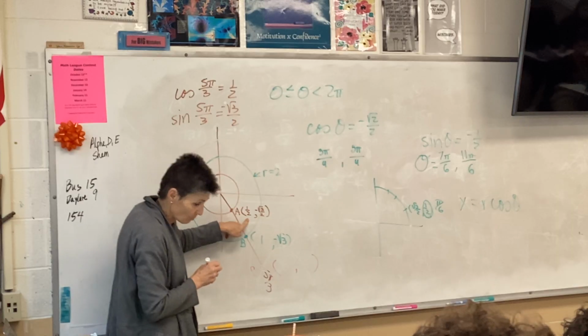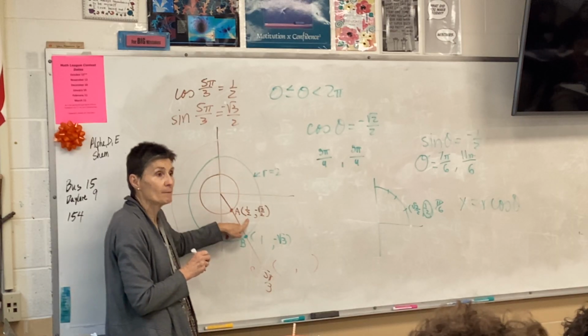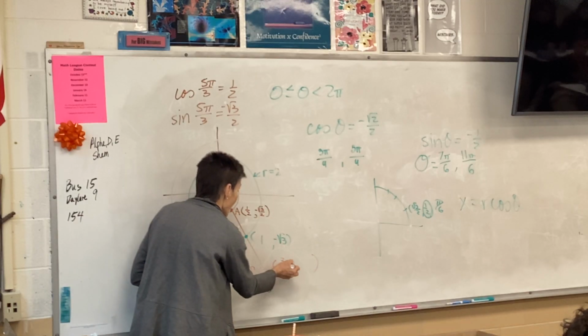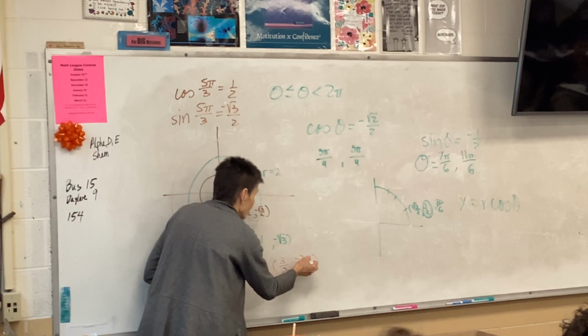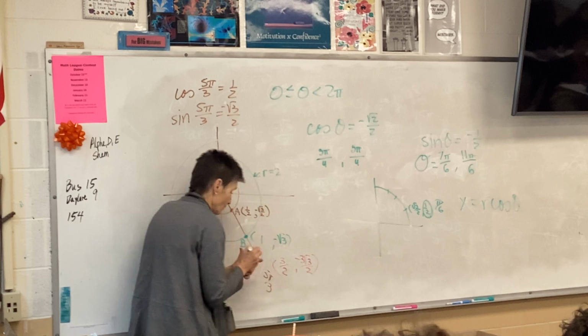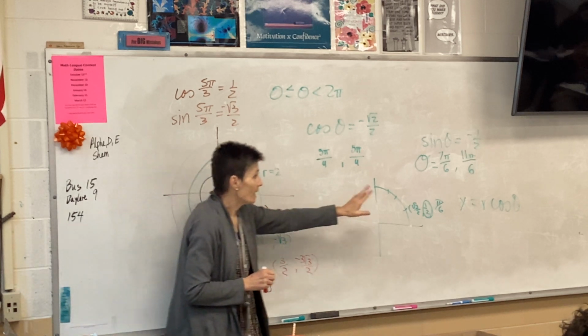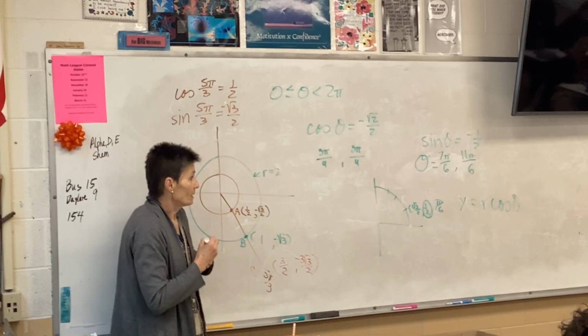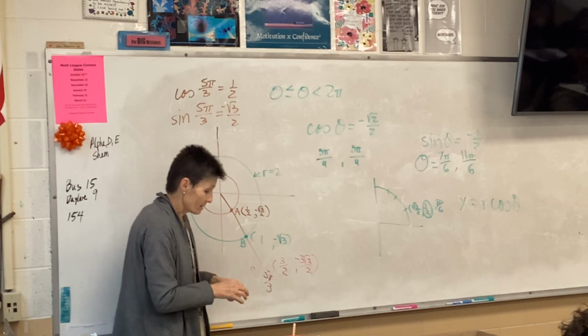This time the radius is 3, so this time multiply them by 3. So this will be 3 halves and negative 3 root 3 over 2. x is r times cosine, and y is r times sine.